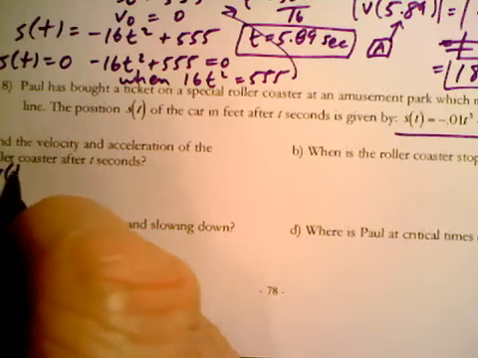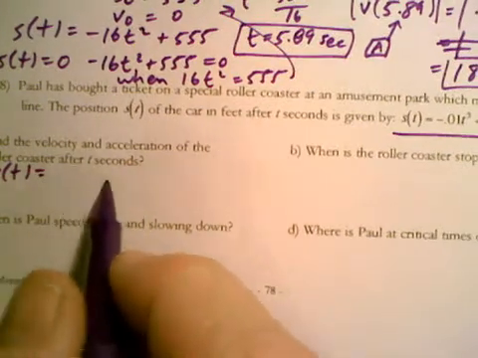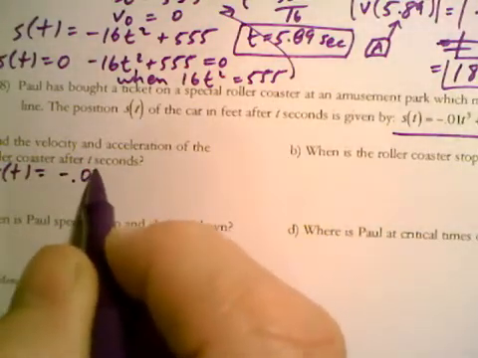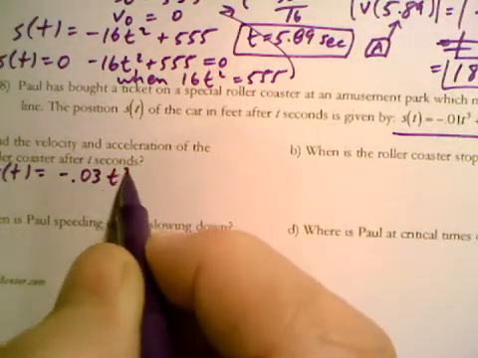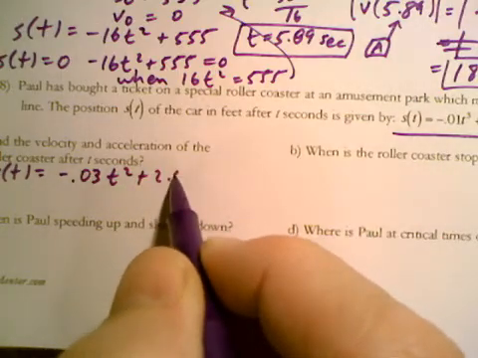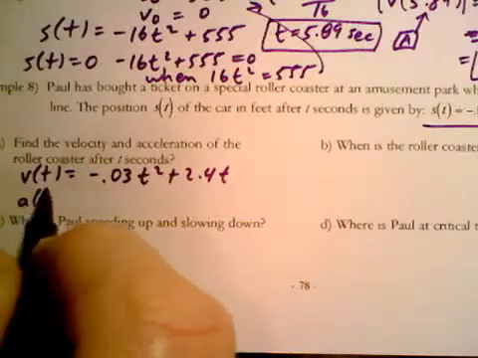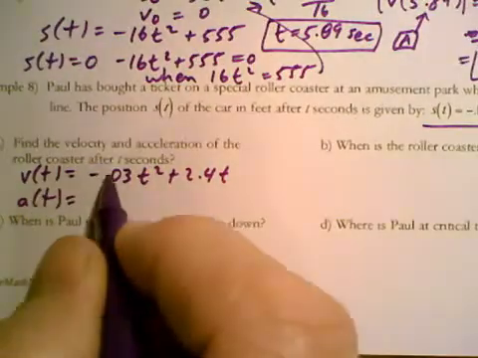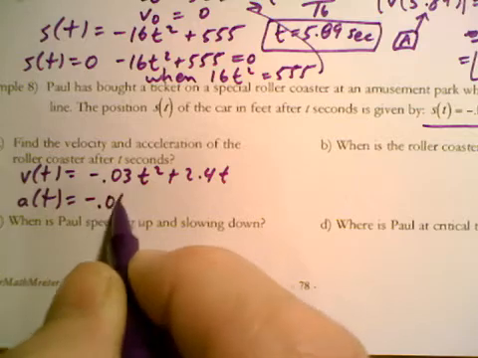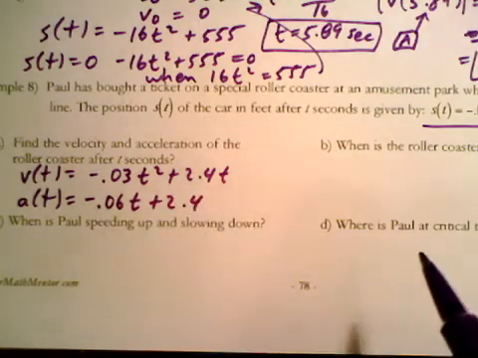Well, the velocity is the derivative of the position, and 3 times negative 0.01 would be negative 0.03 t squared, and then 2 times 1.2 would be 2.4t. Okay, and the acceleration then would be 2 times negative 0.03, which is negative 0.06 times t, plus 2.4.